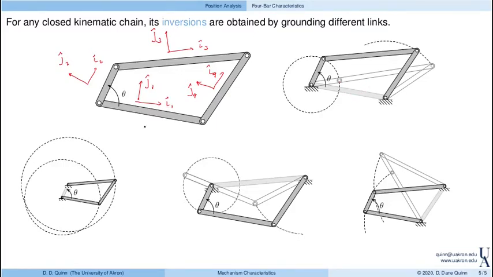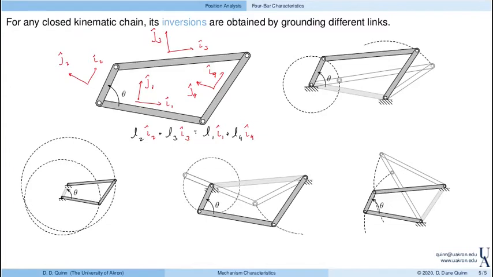So the loop closure equation in this case is L2 I2 plus L3 I3 equals L1 I1 plus L4 I4.